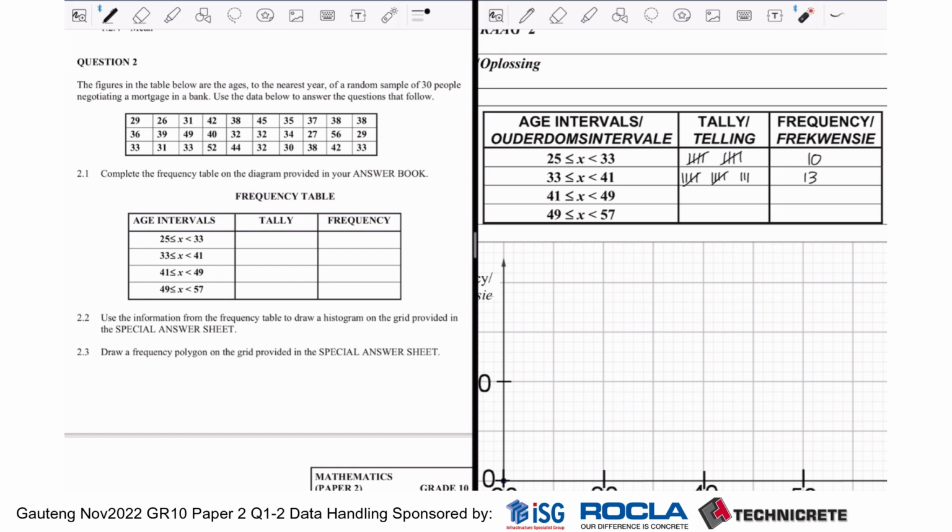And then the ones who are 41 and up to no older than 48, that is 1, 2, 3, and 4.